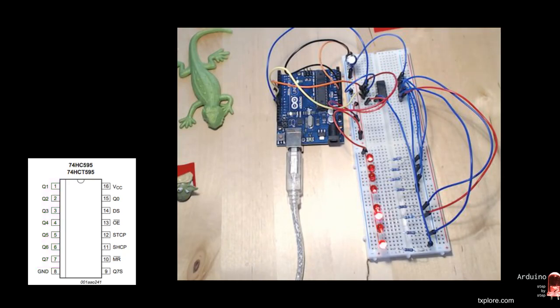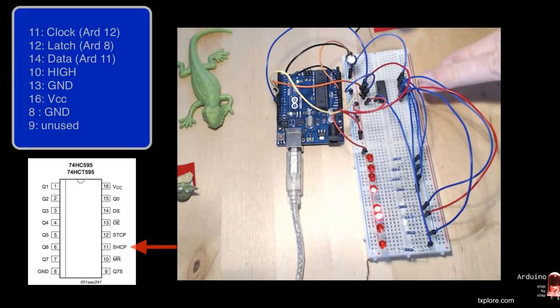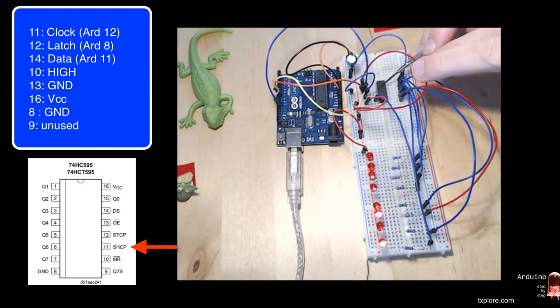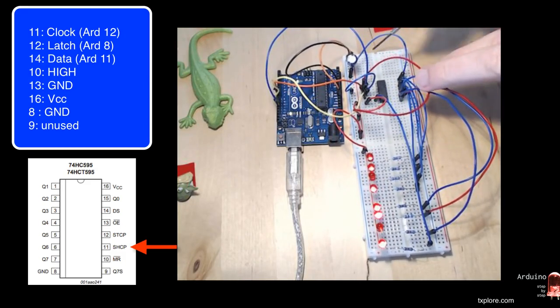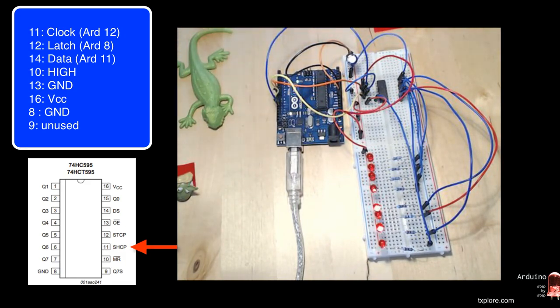Then I'm going to connect the shift register to the Arduino. I'm going to start with pin 11 on the chip, which is the blue wire here. It goes to pin 12 on the Arduino, and that conveys the clock signal.